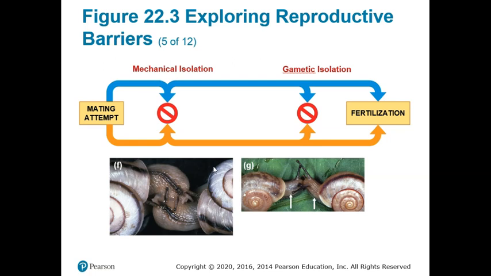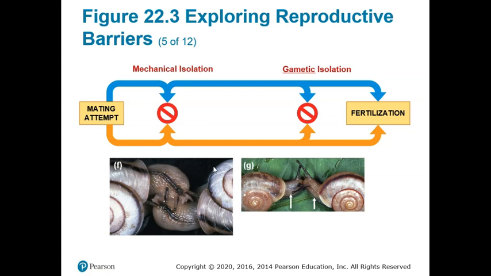So there's also other ways of prezygotic barriers. For example, mechanical isolation, which means it just doesn't physically work. And then gametic isolation, which means chromosomal abnormalities, like there's not the enzymes necessary to fuse.